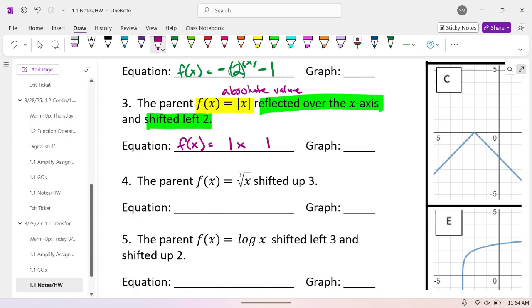So, that minus is going outside of this bracket. And remember, it's going to be on the left because technically we're multiplying it to it by -1. Now, it's also going to go left 2.